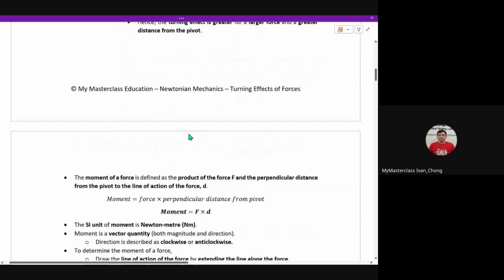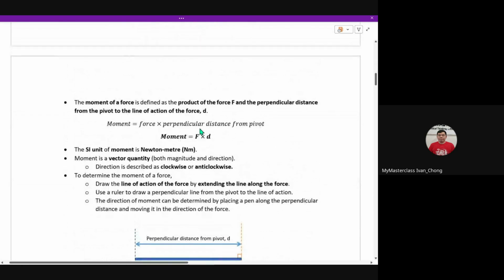So this first point is the definition of your moment itself. The keywords: force, product, perpendicular distance from the pivot. Yes, it's a very long definition, but ultimately the formula is just moment equals F times d.